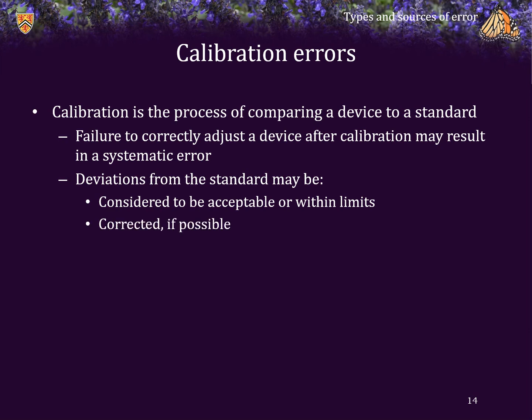If not within limits, they may be corrected, but in some cases this too is impossible, especially if the device being calibrated is integrated into some other component, and the alternative is to compensate for this inside the algorithms. So this is again another example of systematic error as opposed to random error, at least in general.